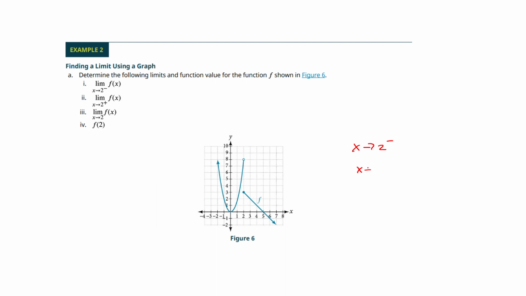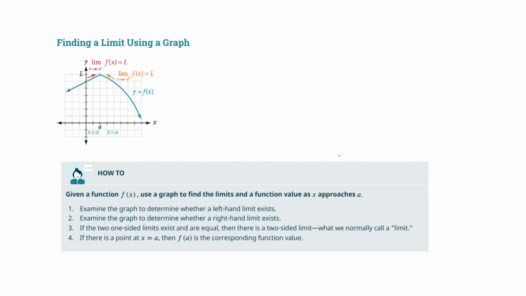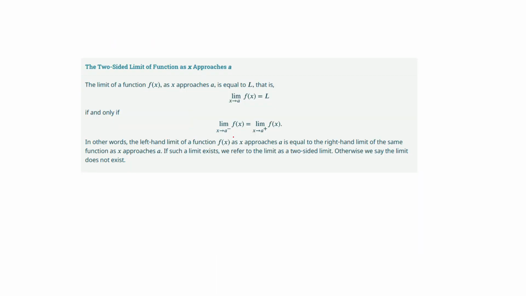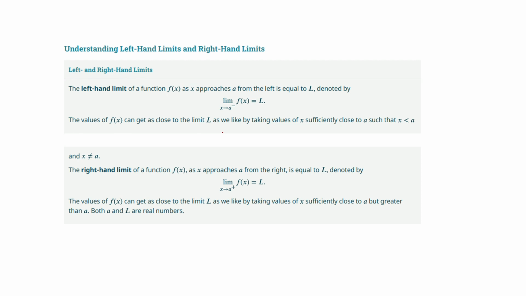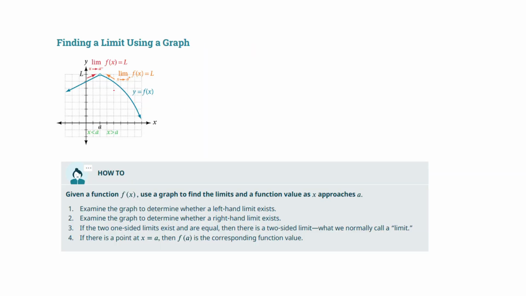But as we're approaching 2 from the right, like if we were coming on the function this way as we're approaching 2, we're not getting the same value. We're approaching the number 3. So whether you're coming from the left or the right may not be the same thing. That's why this matters.